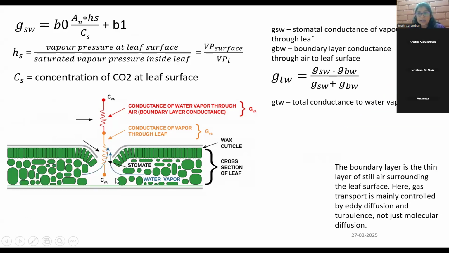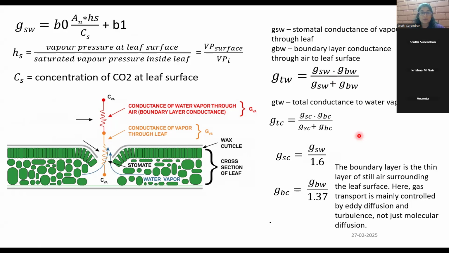So the total conductance to water vapor, which includes the boundary layer conductance as well as the conductance of the water vapor from the leaf into the surface, is given by this equation because it is in a series connection. So what happens to the conductance of carbon dioxide? The total conductance will again be the stomatal conductance to carbon dioxide times the boundary layer conductance to carbon dioxide, divided by the sum of the stomatal conductance and the boundary layer conductance.